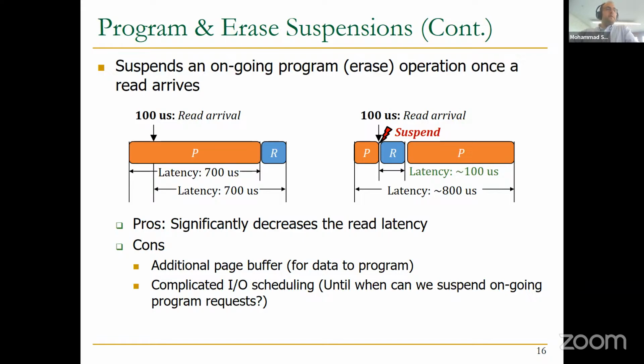Hopefully, we will premiere a talk about that paper as well, where we discuss how we can design a fair and high-performance IO scheduling for SSD devices. It also has a negative impact on endurance. Whenever you do this suspension and resume, there are papers that have shown that it has a negative impact on the endurance. So even though it's nice, it comes with some price, with some overhead.